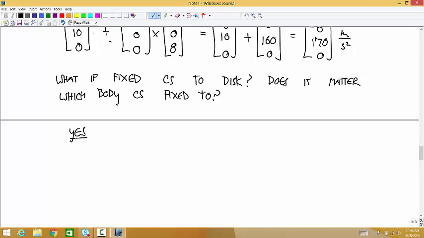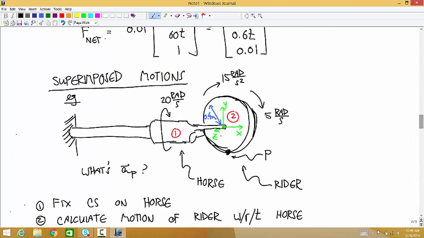And the answer is yes. You always need to fix the coordinate system to, so there's always this one object that is being ridden, the horse, and there's always one object that's riding it. The motion of one depends on the other, but that's not true the other way. Okay, so no matter what this disk was doing, the motion of this body 1 would not change. You have to put your coordinate system fixed to the one that's independent.